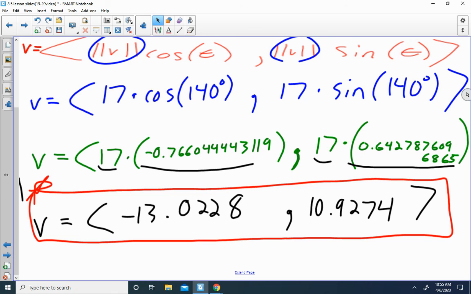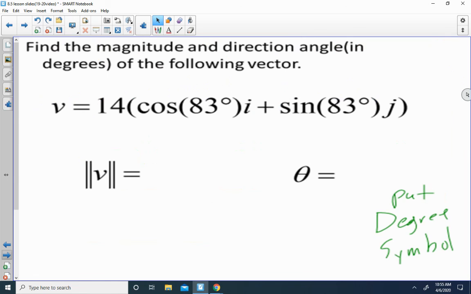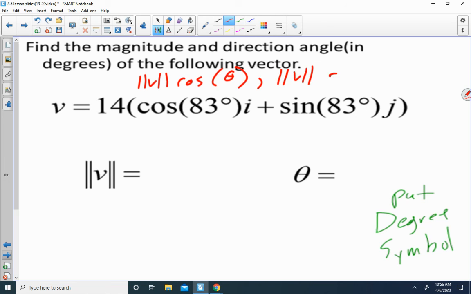Before I end the video, I just want to show you another quick example. Let's say they've already plugged in everything into that formula. Given this information, you're going to find the magnitude and directional angle. Basically what's happening here is they've already done that component form formula that we just worked with.